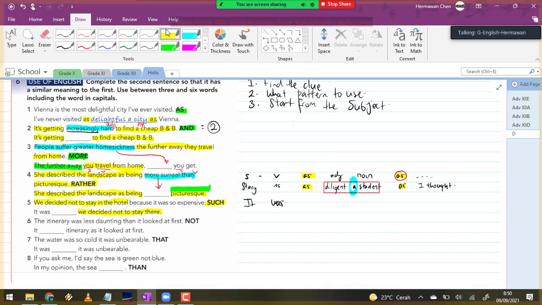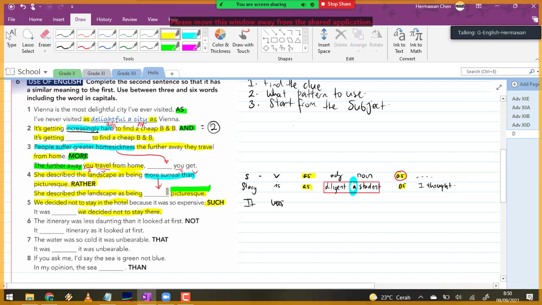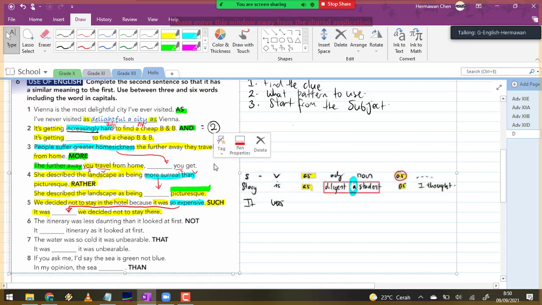What is missing? What hasn't been taken? The subject and the verb, it was, has been taken as well. It means this one, so expensive, hasn't been used, and you have to put it here in the blank. Sorry guys, what I copy is as here. It has to be such.